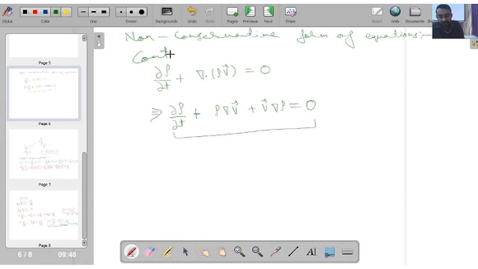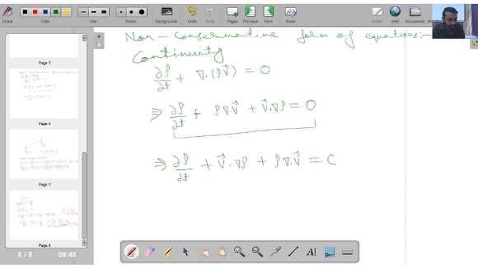So now come back to the non-conservative form of the continuity equation. In this non-conservative form, now what will be happening? Del rho by del t plus rho... you can see this term. If you just rearrange this equation and write del rho by del t plus v vector dot gradient of rho plus rho into divergence of v equal to 0, then this is nothing but my local variation and the spatial variation, and these will become d rho by dt.